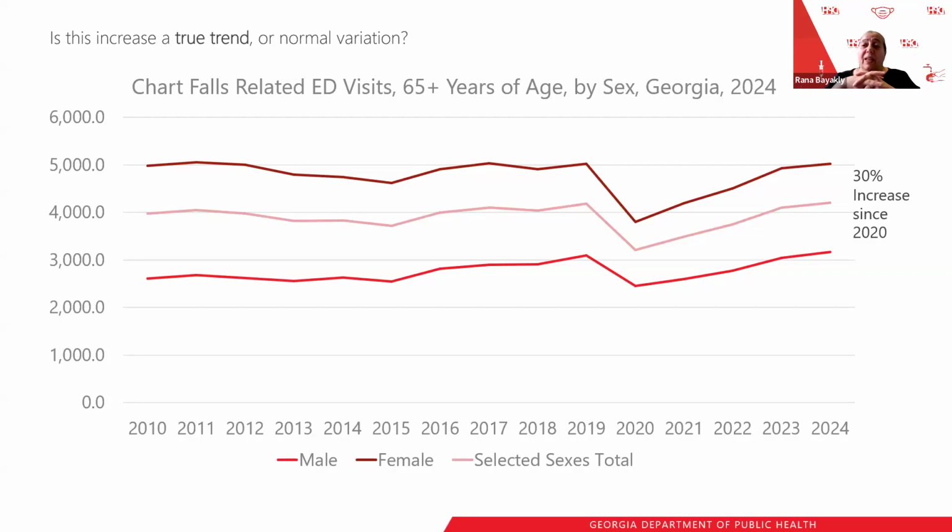So what you could see is that the trend was really stable from 2010 to about 2020, when we have this drop in falls, and we all know that was due to COVID. And then now we have been increasing slowly to the level of pre-COVID, and we have actually reached beyond pre-COVID level.